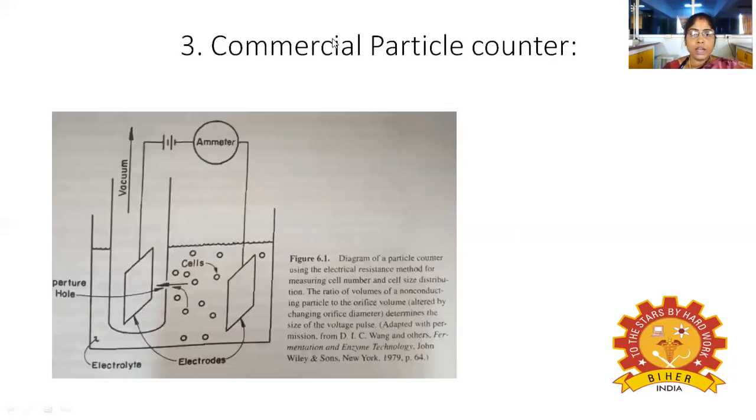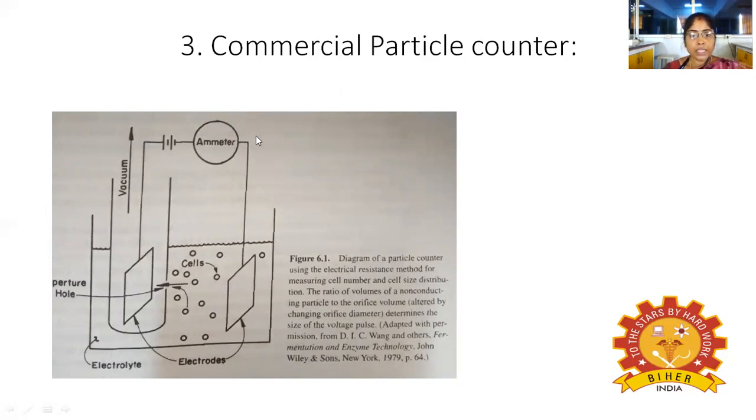The third one, how we can measure with an online method, is the particle counter. The particle counter is used for measuring the cell number as well as the cell size distribution. What happens is we place an electrolyte solution in a chamber. Inside the chamber we place a tube, that is an orifice tube. Inside this tube we place electrode 1, and electrode 2 has to be kept inside the electrolyte solution.